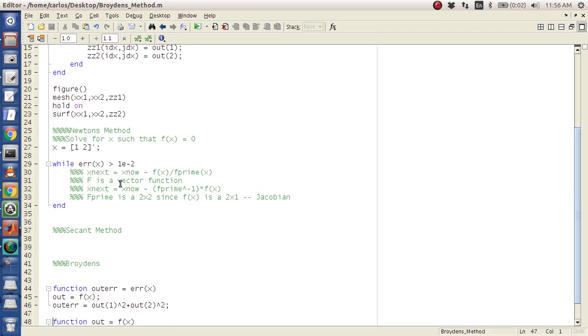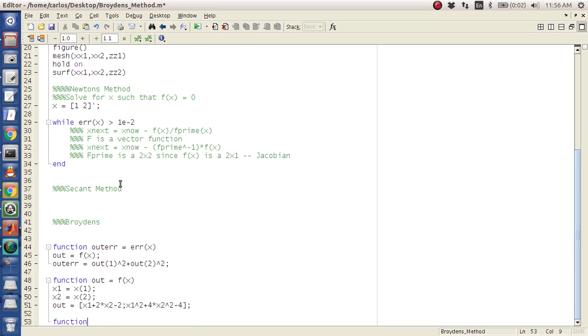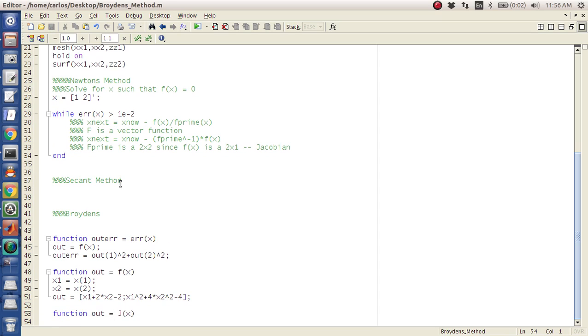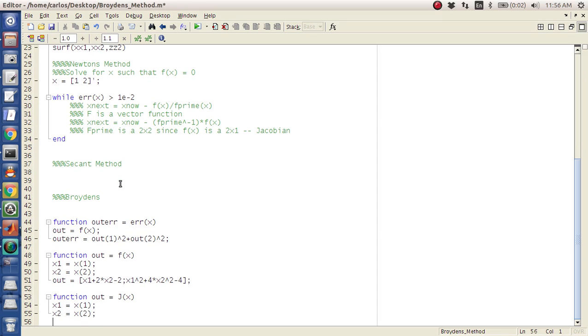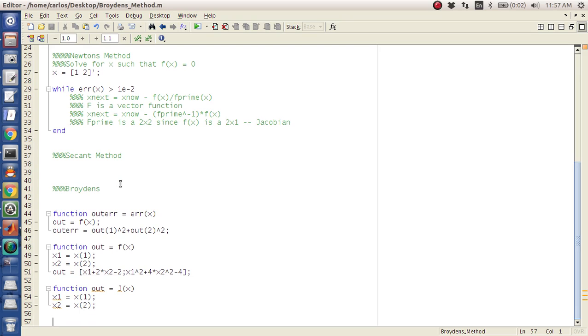So what we want to do is make a function that computes the Jacobian. I'm going to just say j of x. Again, x1 is x of 1, x2 is x of 2. So what we need to do is say out is going to equal this function, and I'm going to take a derivative with respect to x1. Taking the derivative of the first function with respect to x1, I get 1, so it's just going to be 1.